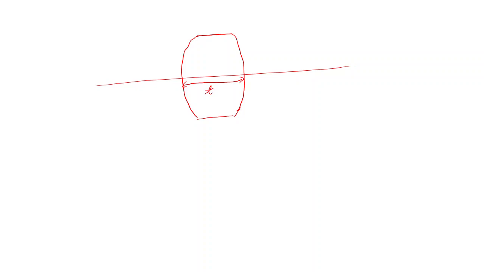And let's say the radius of curvature for the first surface is R1, and the radius of curvature for the second surface, let's say it's R2, and let's say at a distance D1 we have our object here, so O is the object, and let's say the image forms somewhere around D2, right?